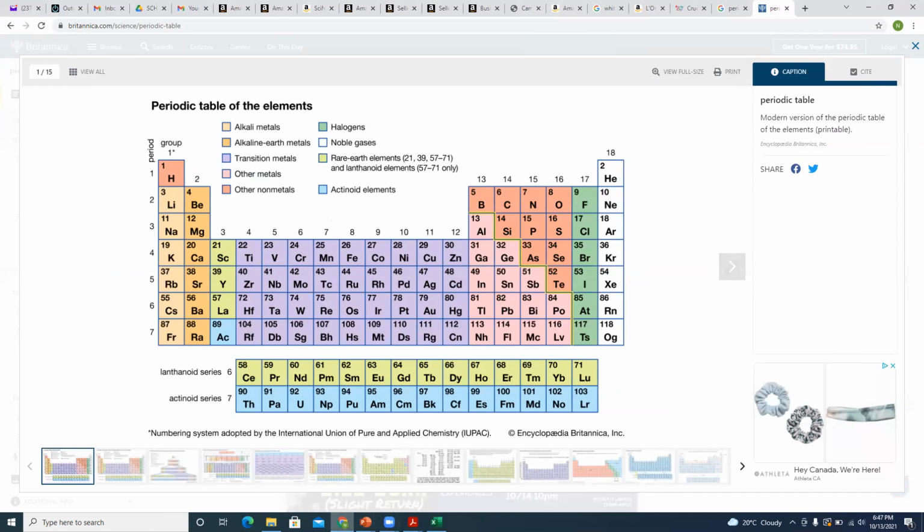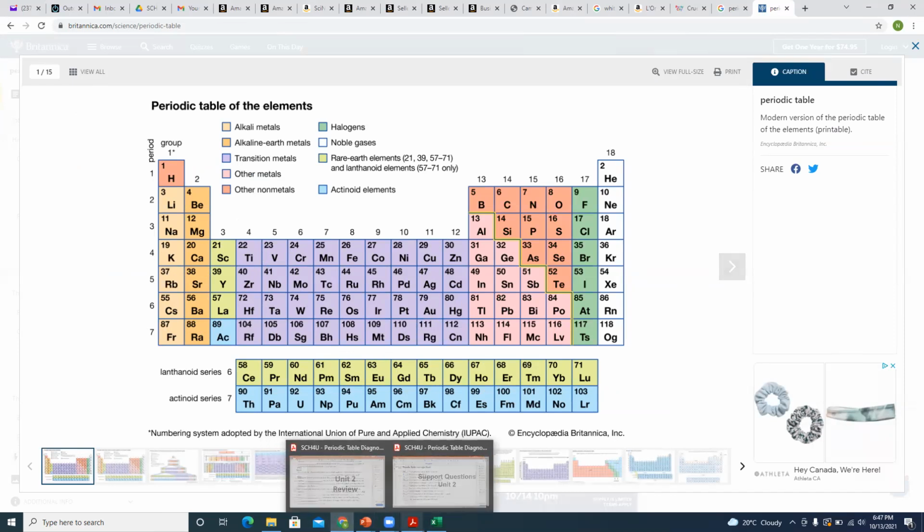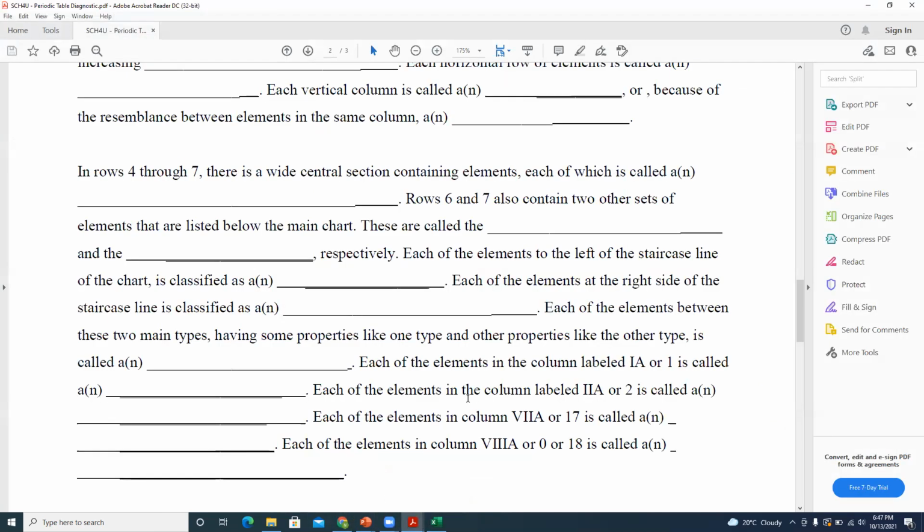Exactly, thank you, transition metals. Rows 6 and 7 also contain 2 other sets of elements that are listed below the main chart, and these are called the blank and the blank respectively.